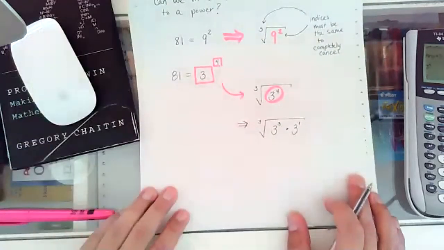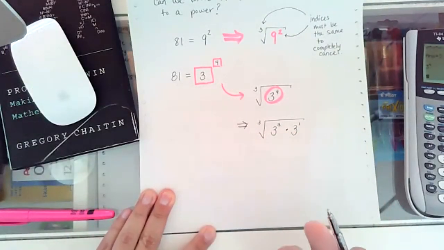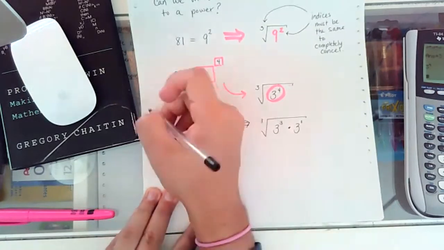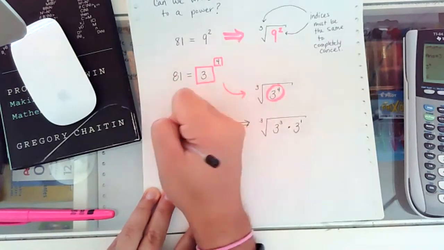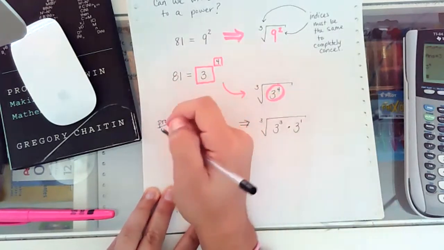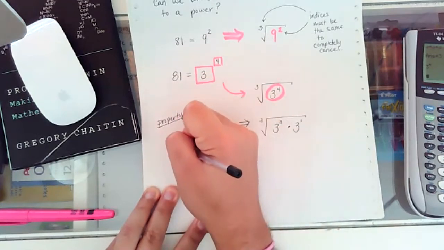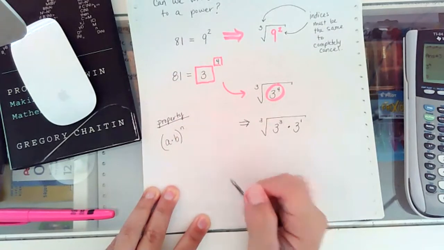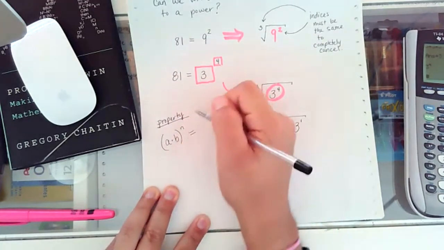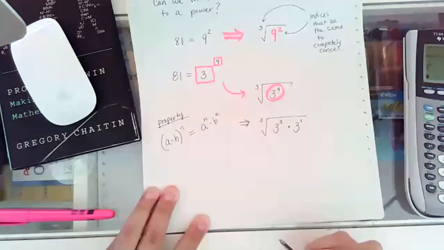And now part of this looks like it can be simplified. And so we need to use this property of radicals, which is really an extension of our property of exponents, that if you had a times b raised to the nth power, you could rewrite that as a to the nth power times b to the nth power.